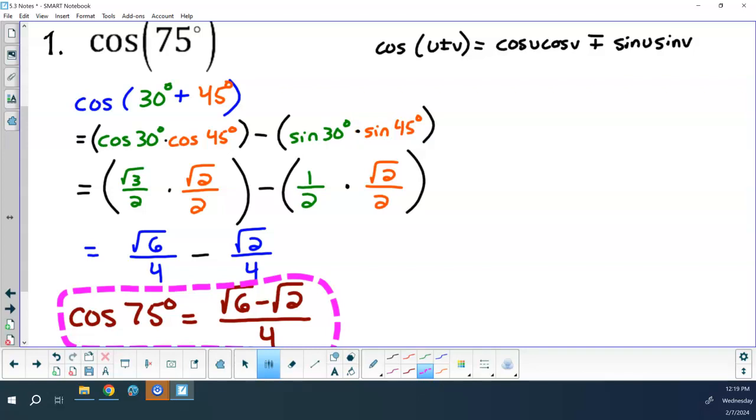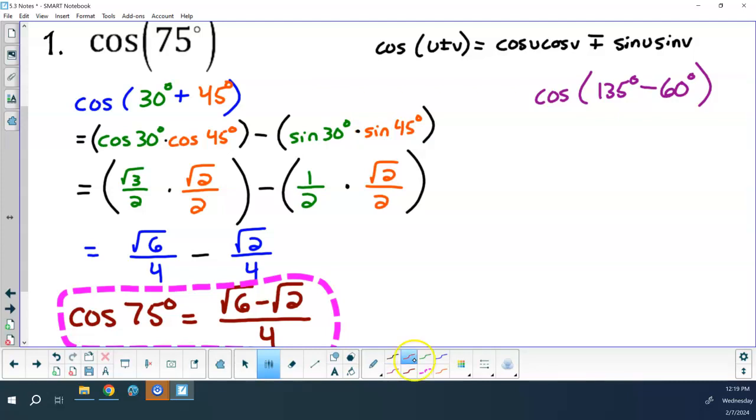Now, I'm going to counter this same problem. What if I said instead the cosine of 75 degrees was the cosine of 135 degrees minus 60 degrees? Is that still a true statement? 135 minus 60 is 75. Okay?